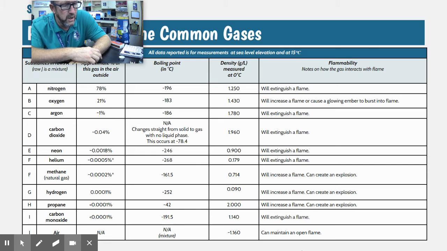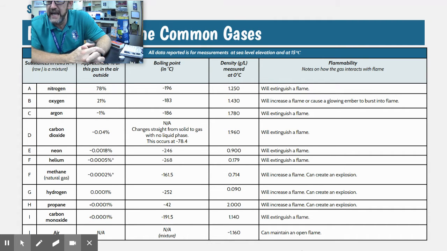Now, we just saw an experiment where I mixed citric acid and baking soda in water and it produced a gas. And I lit a match above the flask and it extinguished the flame.